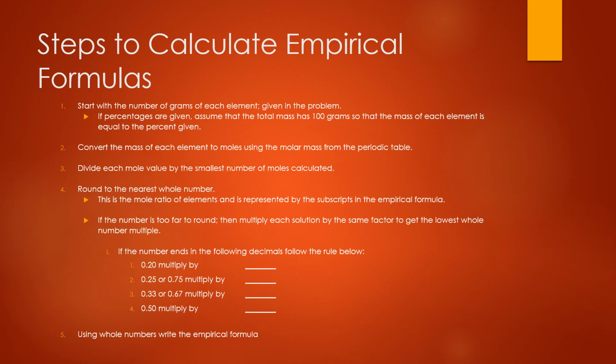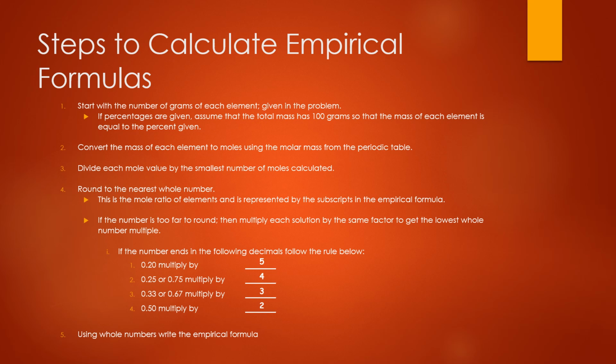If we end in 0.20, we multiply by 5. If the number ends in 0.25 or 0.75, we multiply by 4. If it ends in 0.33 or 0.67, we multiply by 3. And if it ends in 0.5, we multiply by 2.